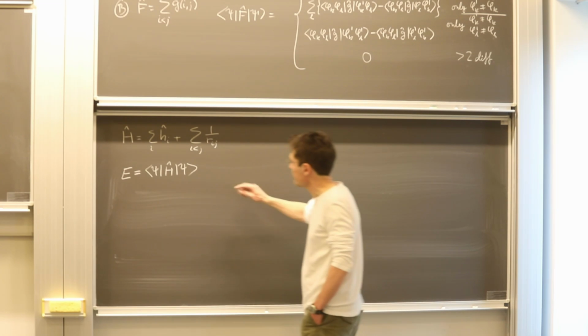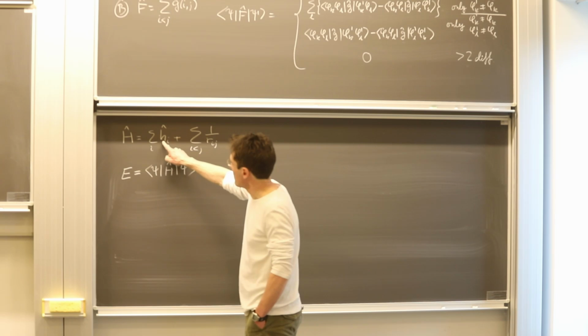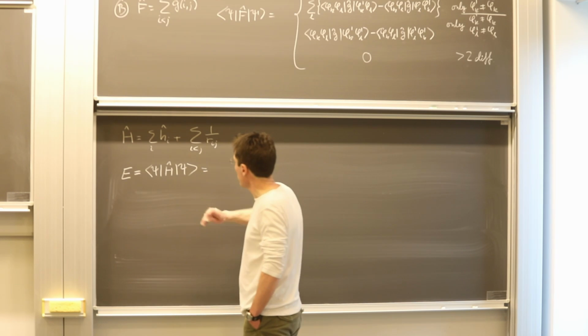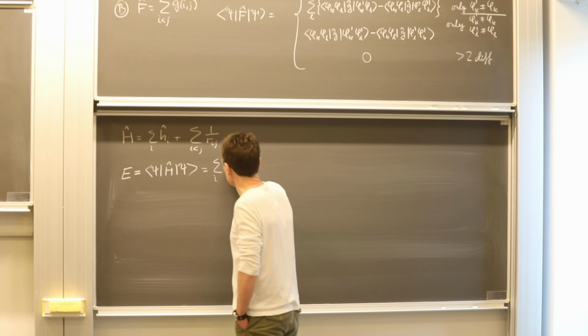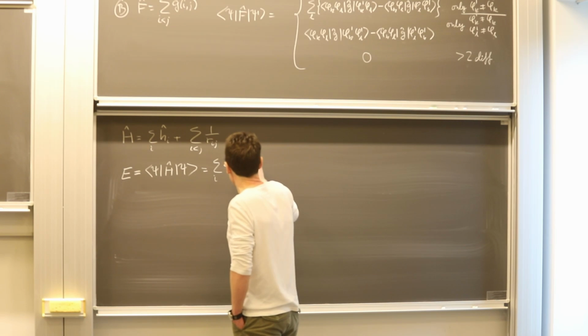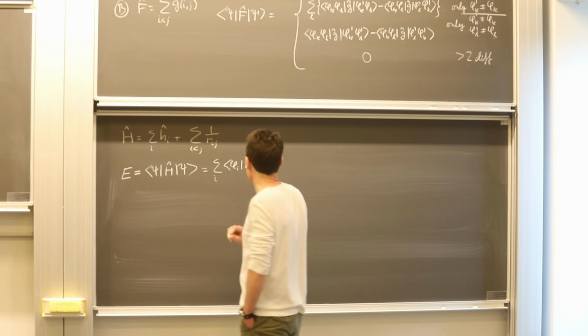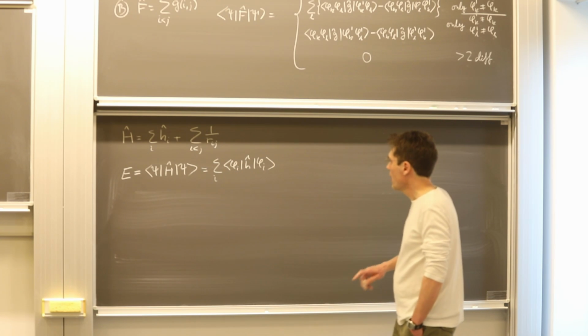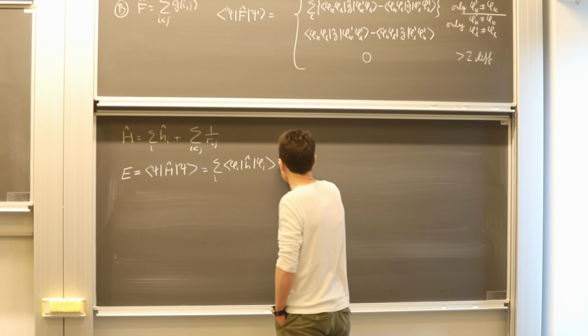And now I will apply my results from up here. So I first have the contribution from the single body part, and that just gives me the sum over phi I, and then my H single body operator, phi I. And then there's the second part here.